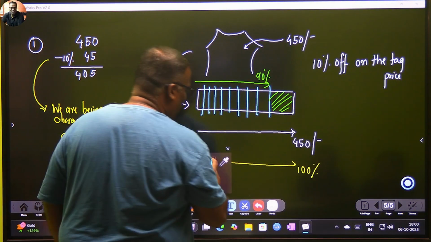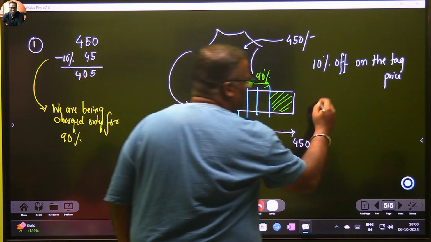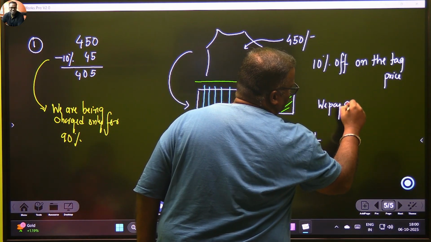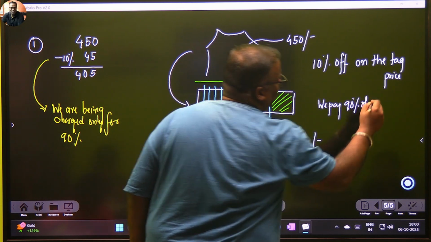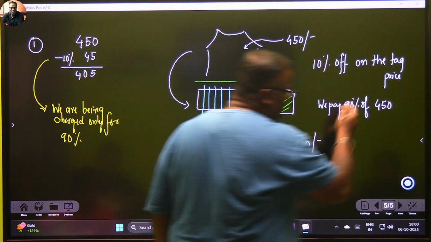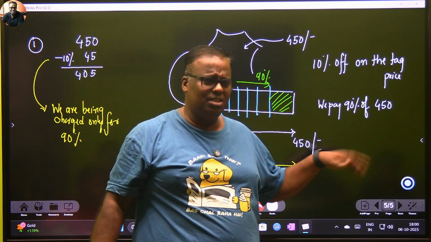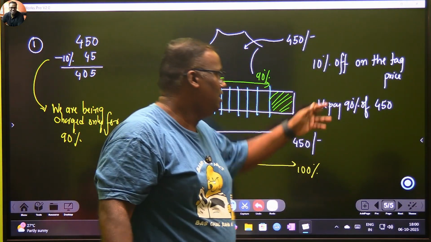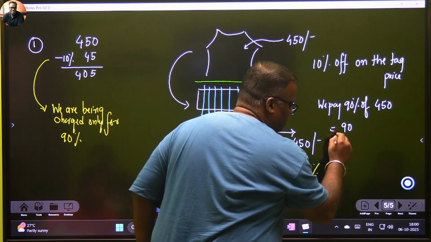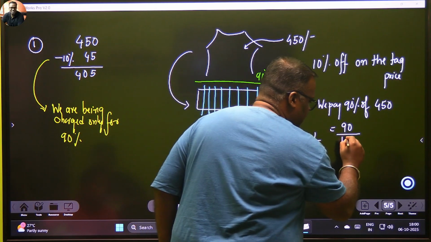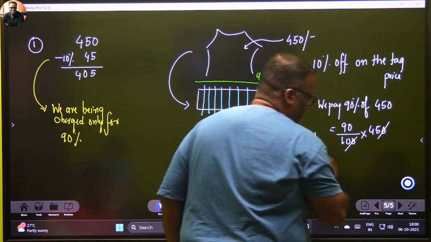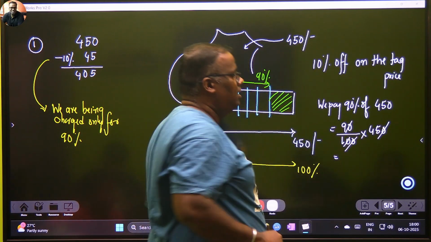So now how do we say? Now we will say our price is, we pay 90% of what? My head? No, 450. Now let's do it the original way. 90% into 450, that is 9 into 45.